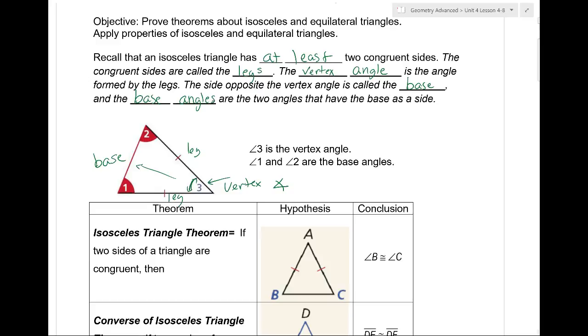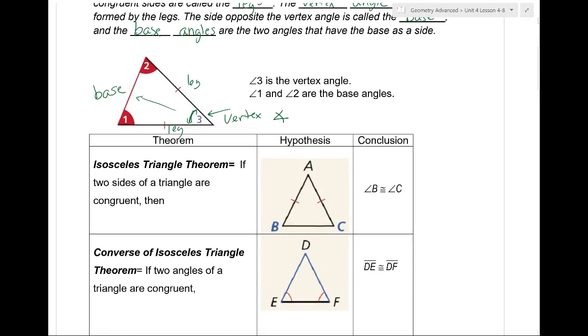All of those parts. Now, the next two actually have names, but again, if you know them no matter what, it's going to make your life a lot easier. I was just doing an ACT review with my pre-cal students, and they had to know this theorem. It was a big deal that they know it. So what is this first theorem? It's the isosceles triangle theorem. It says the following.